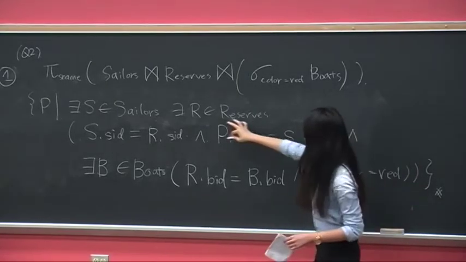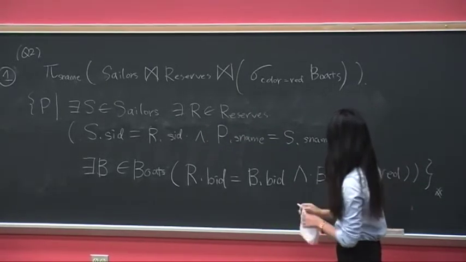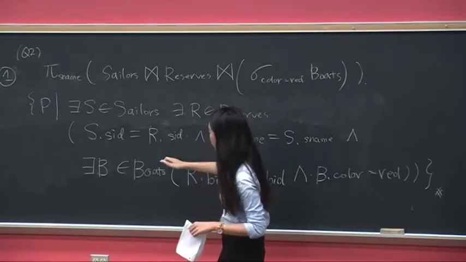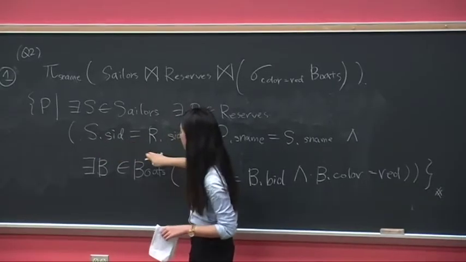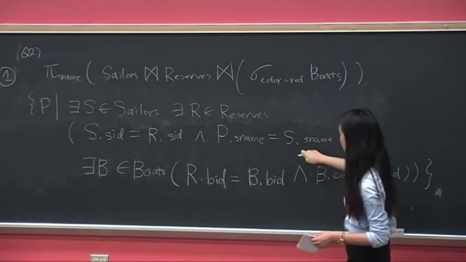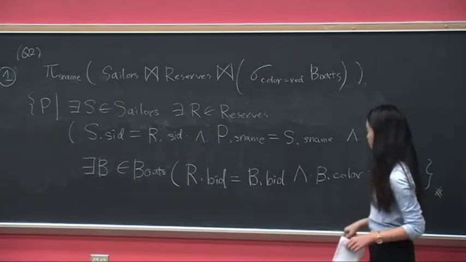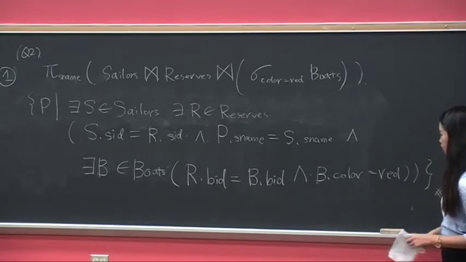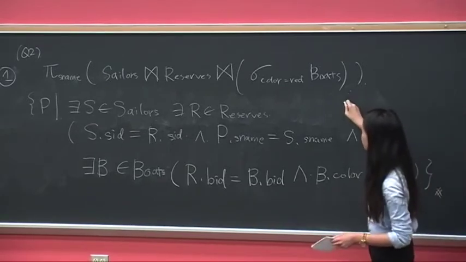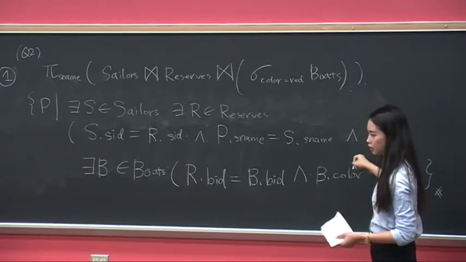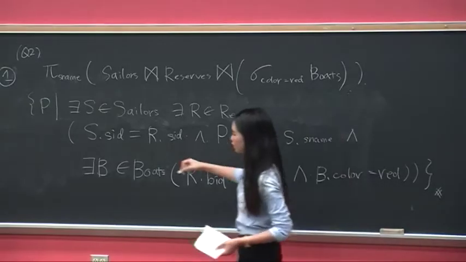And when we look back here, you're saying, okay, I'm joining Sailor's and reserves by comparing SID has to be the same, and then take care of projection, saying the result S name comes from S. So that's it. Though this is more optimized when we write down in relational algebra, when you interpret it, it's a bit convoluted, a bit more complicated. So that part is a lot easier.